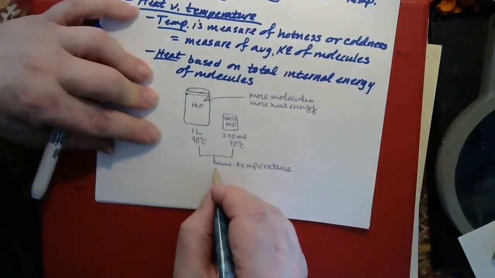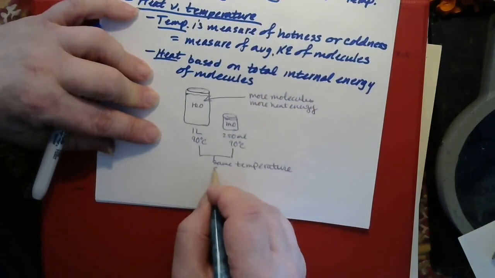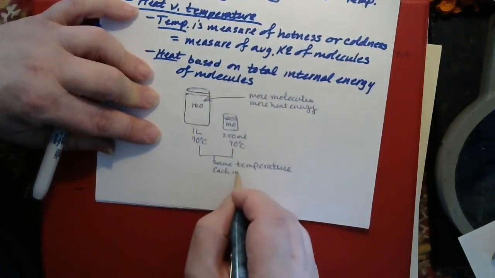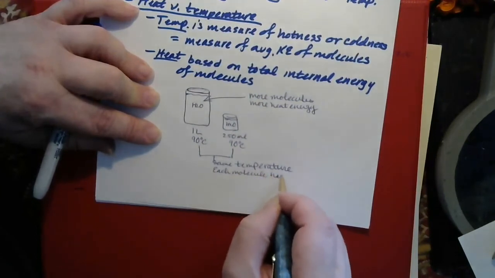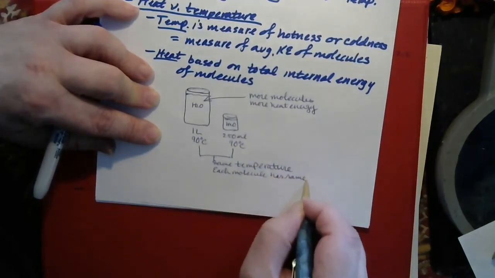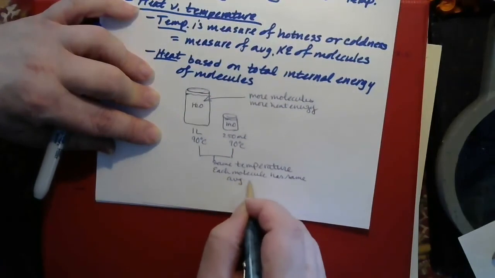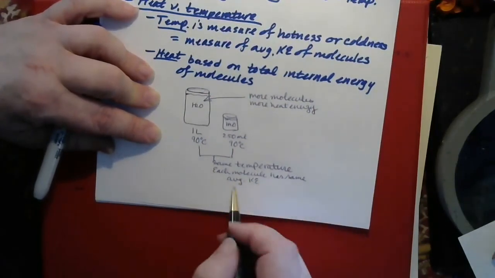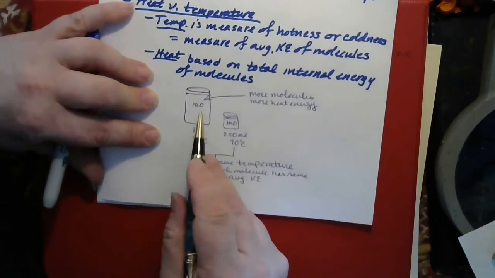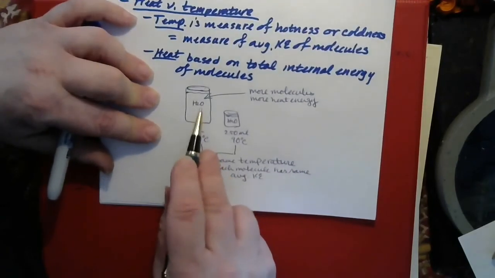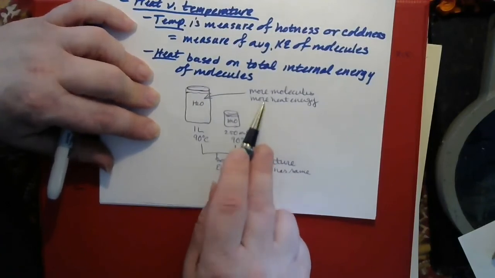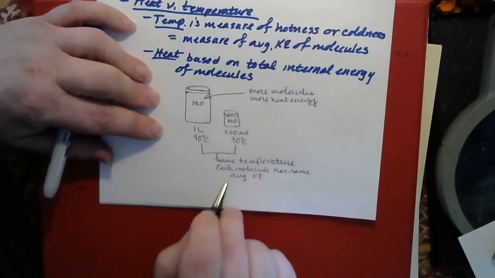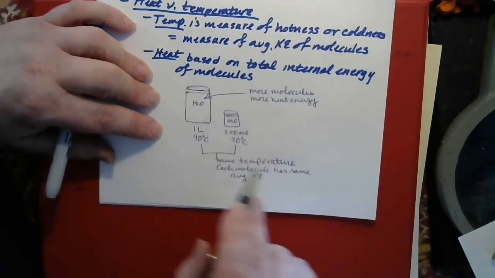Having the same temperature means that each molecule has the same average kinetic energy, but the bigger container has more molecules in it. So it has more heat energy, which is the total energy present, than the smaller one.